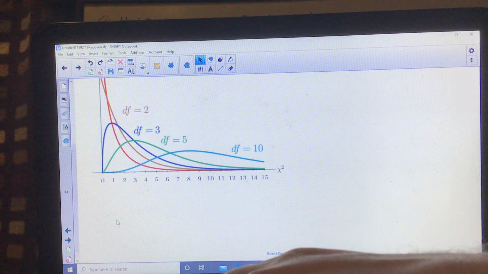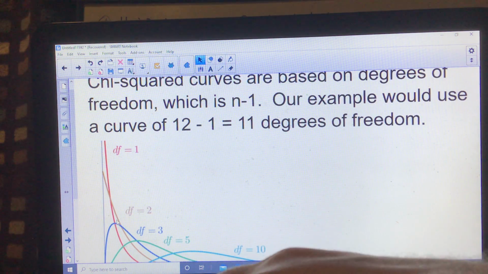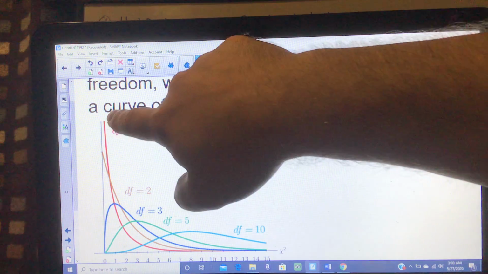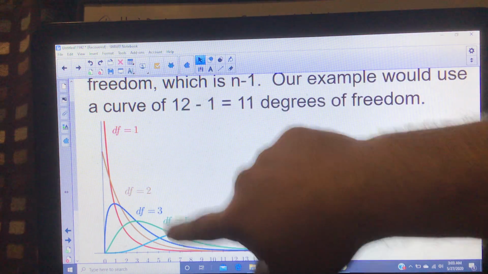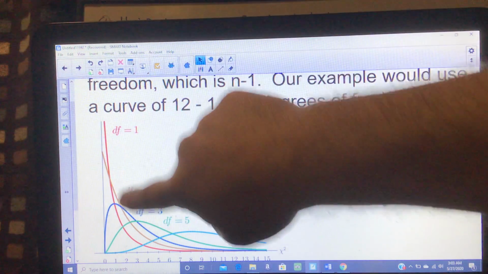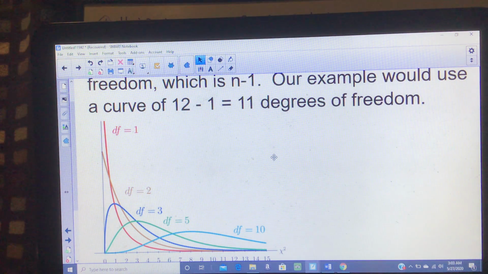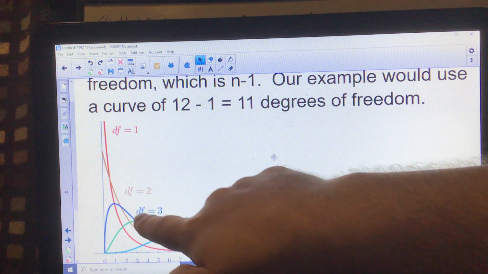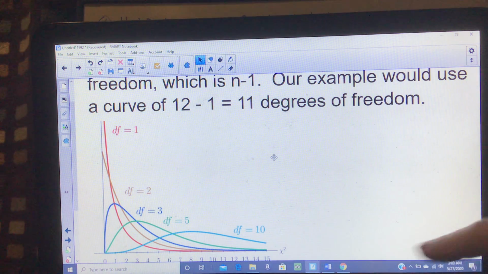The calculator will generate a chi-square curve. So the higher the degrees of freedom, the more stretched out this chi-square curve is. Chi-square curves with 1 or 2 degrees of freedom don't have enough time to make this lump. They just kind of drop down. But once you hit 3 degrees of freedom or higher, it basically makes the shape where there's this lump and then it's skewed right.